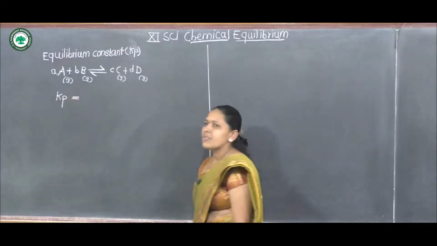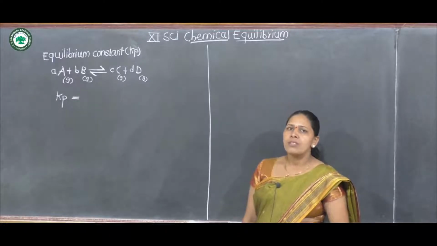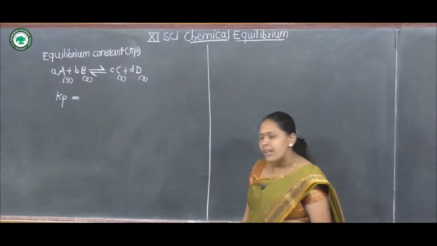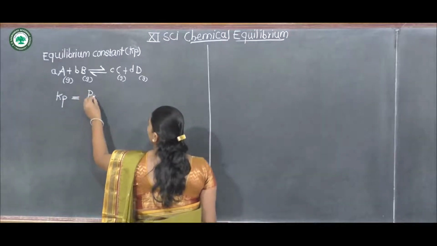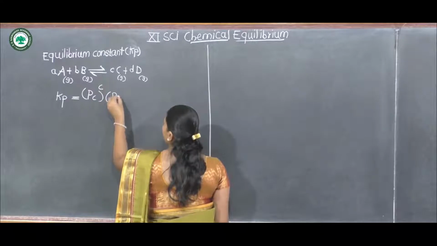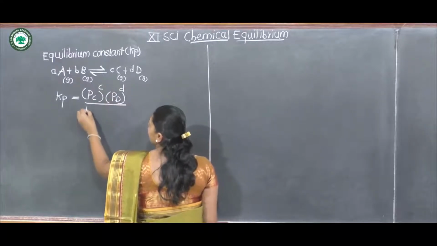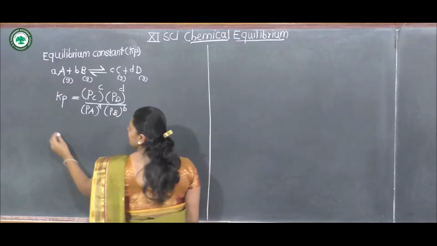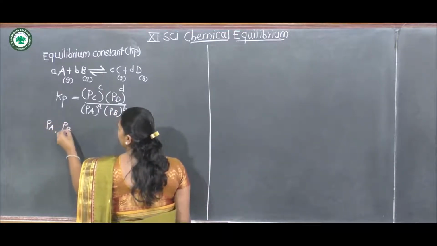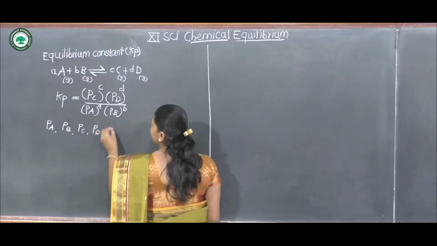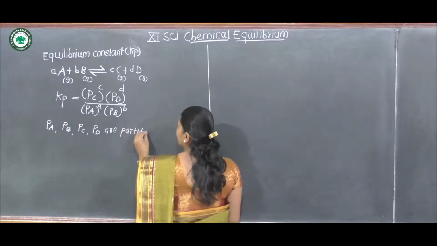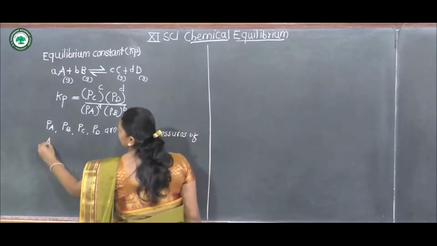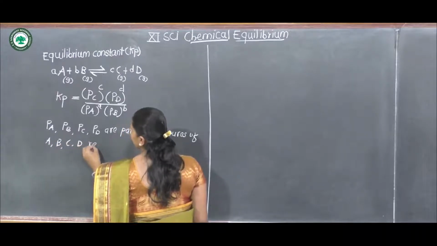for this reaction is the ratio of product of partial pressures of products to the product of partial pressures of reactants, that is partial pressure of C raised to c into partial pressure of D raised to d divided by partial pressure of A raised to a into partial pressure of B raised to b, where PA, PB, PC and PD are partial pressures of A, B, C, D respectively.